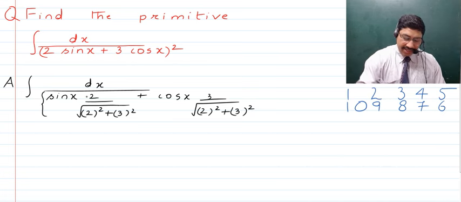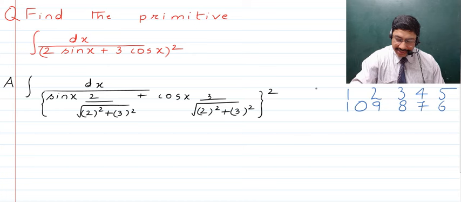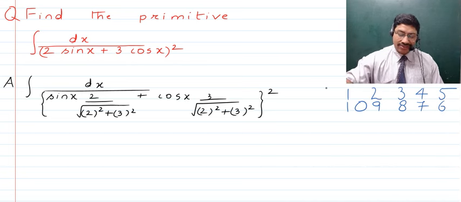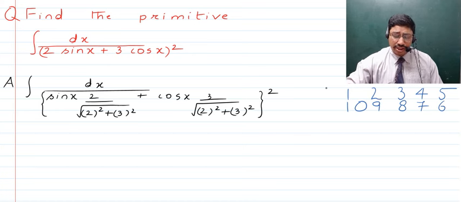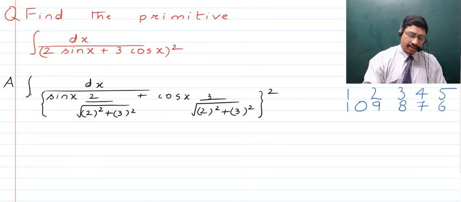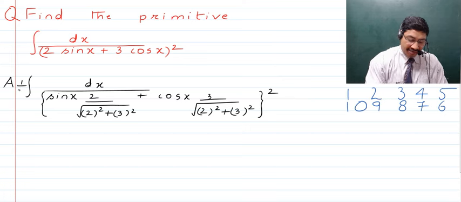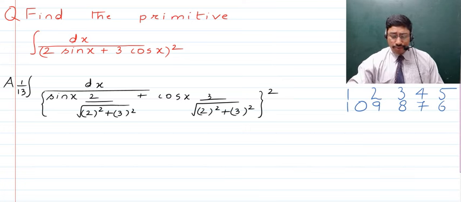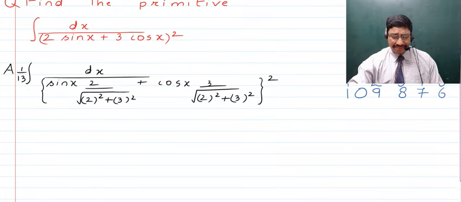And obviously there is a whole square of it, and we're going to write it. As within the root you'll be getting 4 plus 9, that is root 13, and this root 13 on getting squared is going to become equal to 13, which will come over in the numerator. That is the reason why we will be dividing by 13, right? So that there is no problem in bringing up this change.